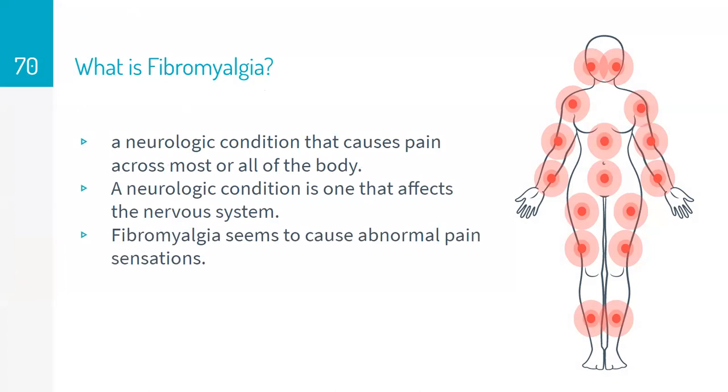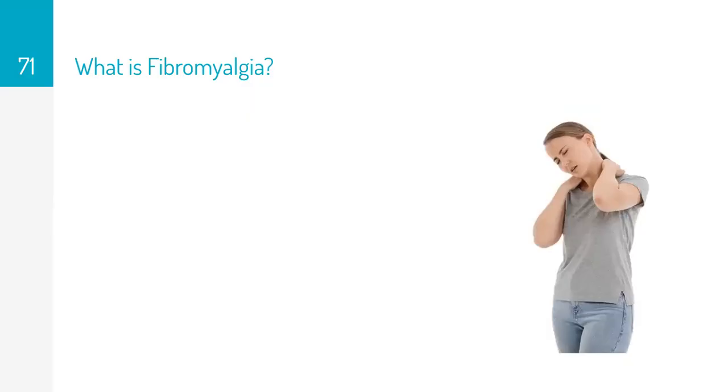It seems to cause abnormal pain sensations and what they call a central sensitized state, meaning that your body and your brain are experiencing pain in an overly sensitive kind of way where it shouldn't be happening. They don't really know exactly what causes it. And it is a disease that is still actively being researched, so more information is coming across all the time.